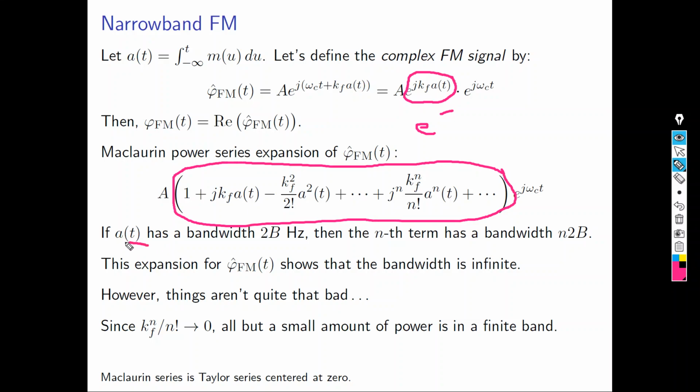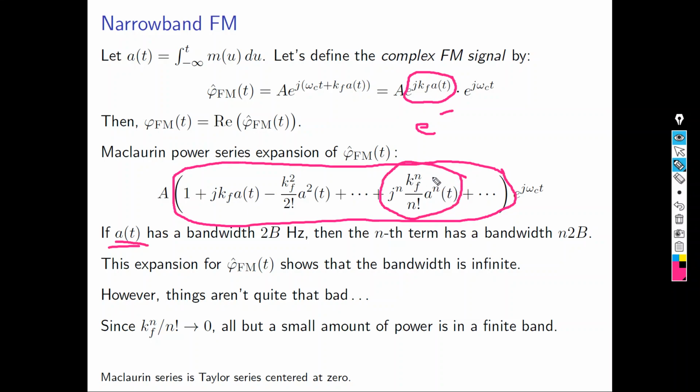If a of t, which is the integration of the message, has a bandwidth equal to 2b hertz, then the nth term here, this is the zero term, this is the first term, the second term, and this is the nth term.